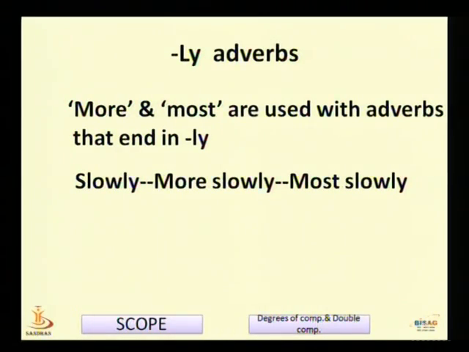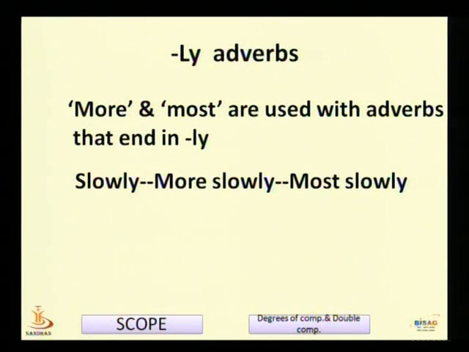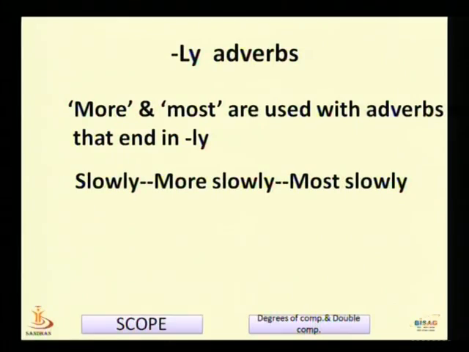Now let us discuss about ly adverbs. There are some adverbs which end with ly and they take more and most to form comparative and superlative degree. Yes, dear friends, we know that generally when ly is added to the base verb, adjective, it becomes adverb.